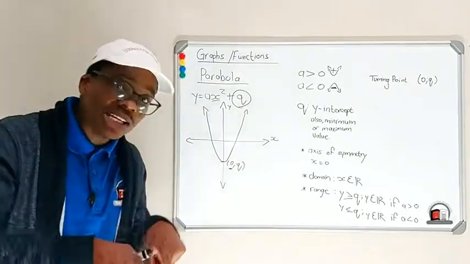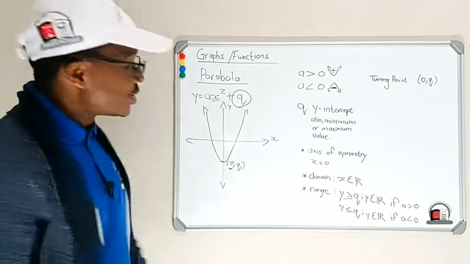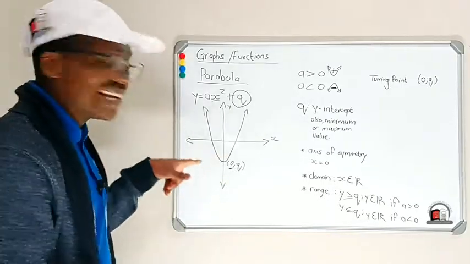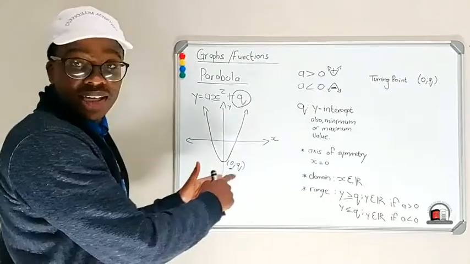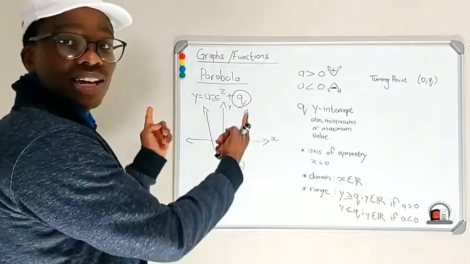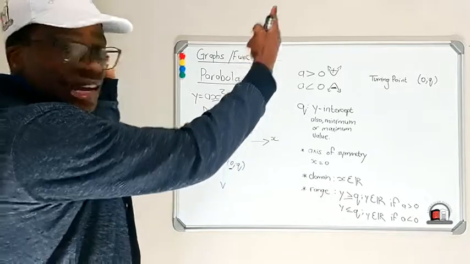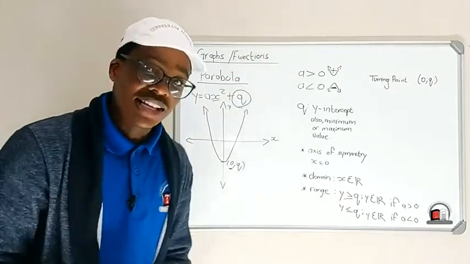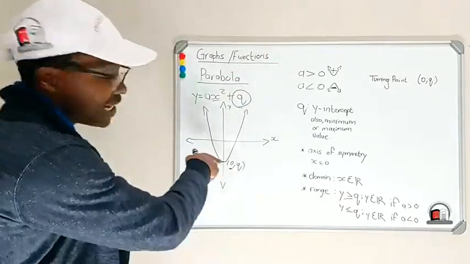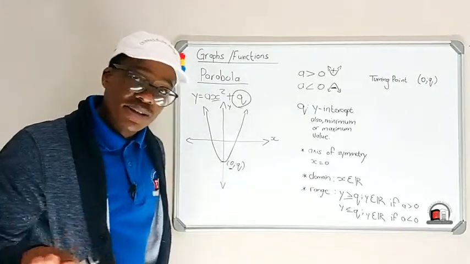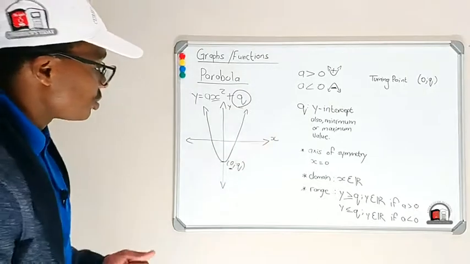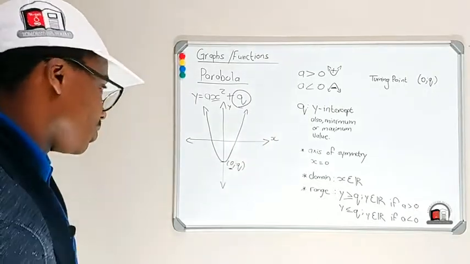It can't go anywhere below that part. So you need to know that that is the minimum point of your graph, because from here it's going up and up and up to infinity. So it will never go anywhere beyond this point downward. Never.